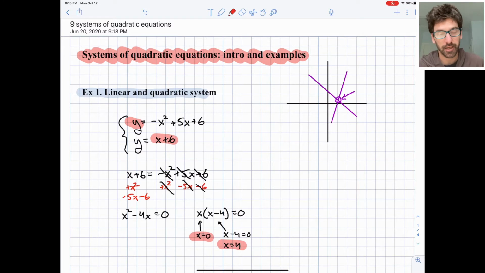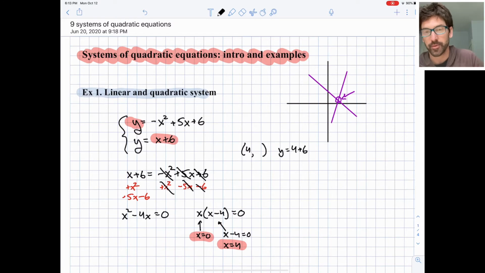So let's plug our x values into either equation. Choose the simpler one, the linear equation, and let's solve for y. Okay, so if x is 4, comma something, we're going to get that something by saying y equals 4 plus 6. We plugged in 4 for x, and so that means y is 10.